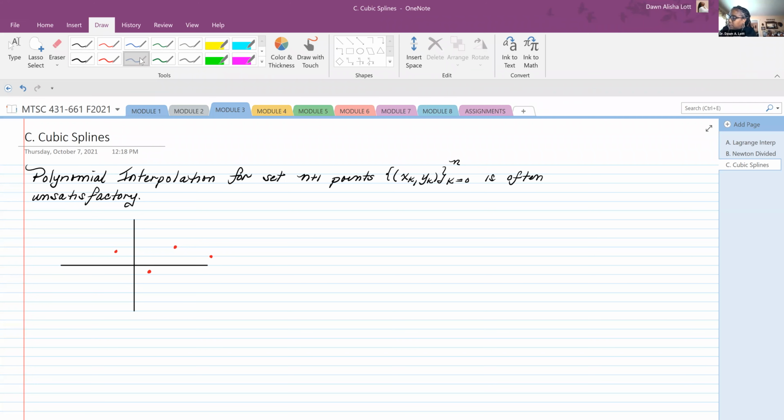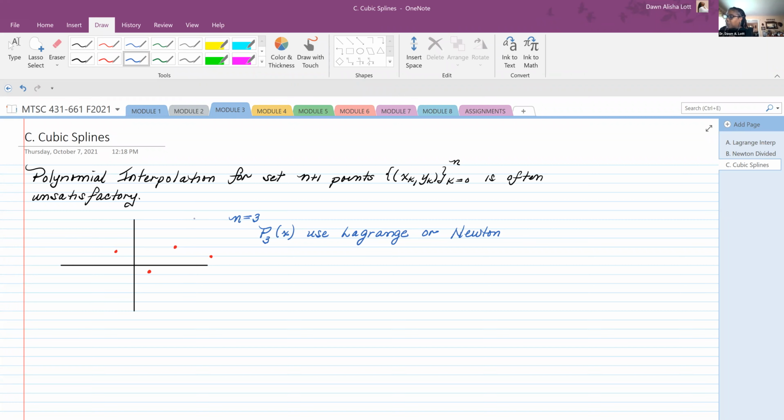So here, n would equal 3, which means you get P3 of x using Lagrange or Newton. And so who knows how it's trying to fit everything into this polynomial.